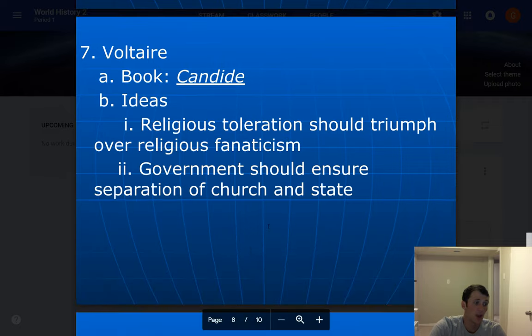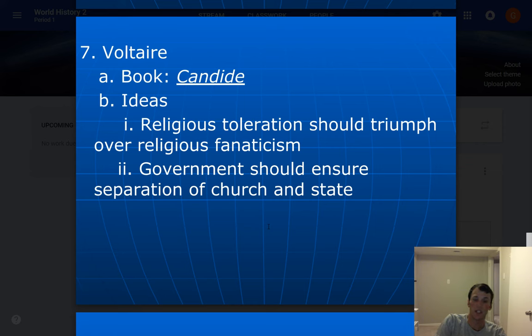Okay, so our last person is a man named Voltaire, right? And Voltaire writes what's called Candide, and the big thing that he's going to be dealing with is religion, right? Religious toleration, and religion should triumph over religious fanaticism. But the big thing you're going to get from Voltaire, and you need to be aware of, is that government should ensure the separation of church and state, which is another thing that's drawn upon in our government here.